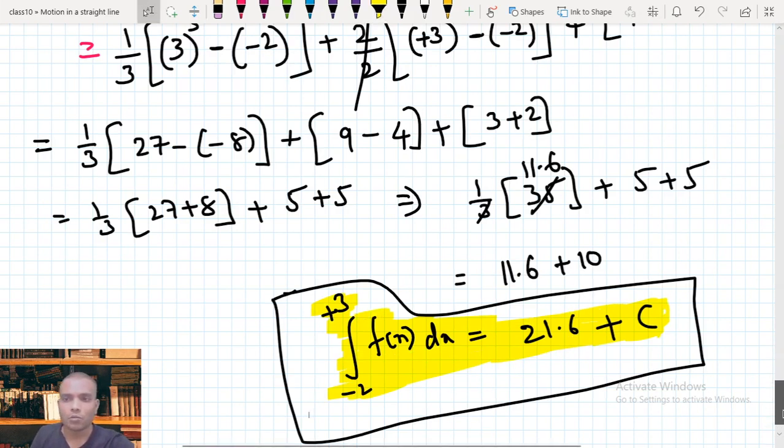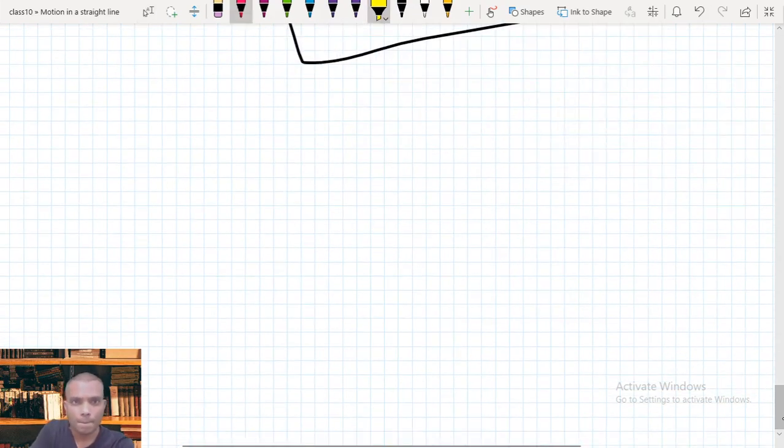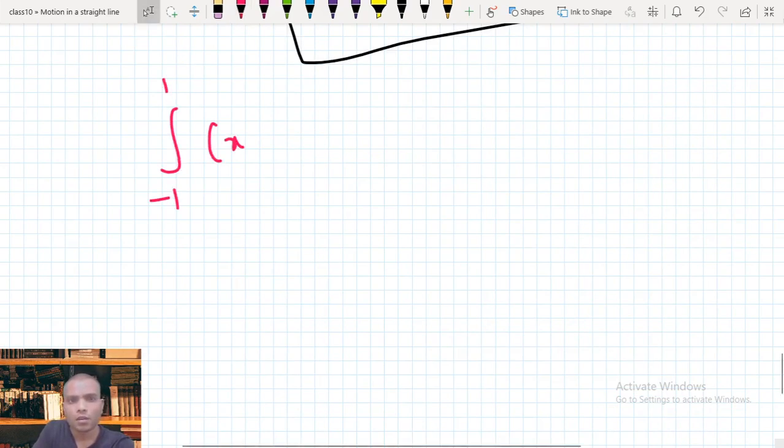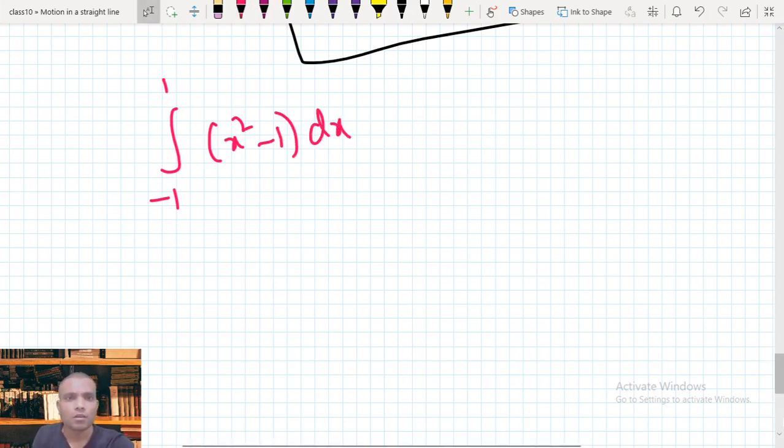So let us try one more example. Find the integral from -1 to 1 of x square minus 1 dx, an easy one. To find the integral, what shall we do first?